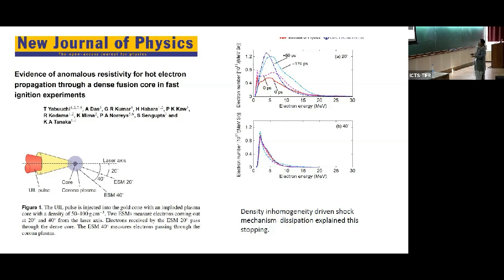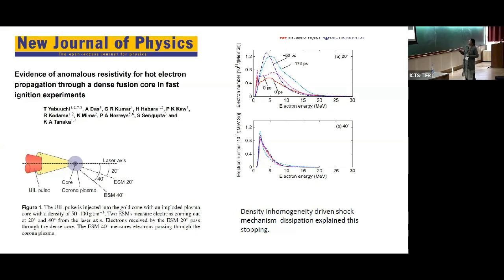Nothing changed at 40 degrees, which measured electrons that passed only through the corona region, not the dense core plasma. The 20-degree spectrometer showed that if the timing was correct, even electrons of about 15 MeV were stopped. With conventional values of resistivity, this would not happen in a target of the size of 10 microns or so.